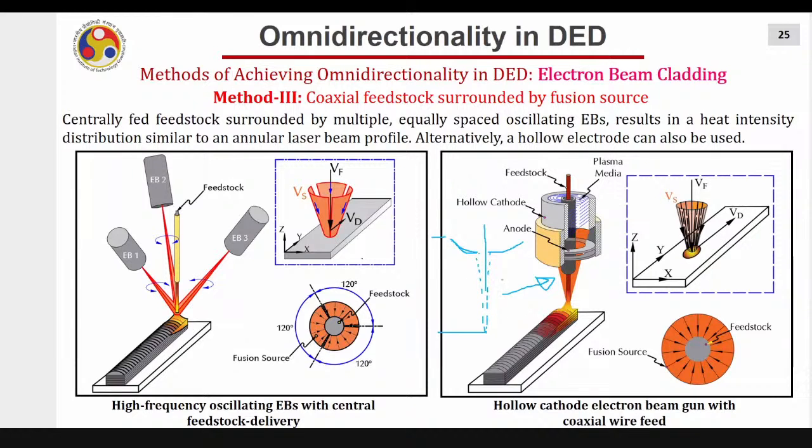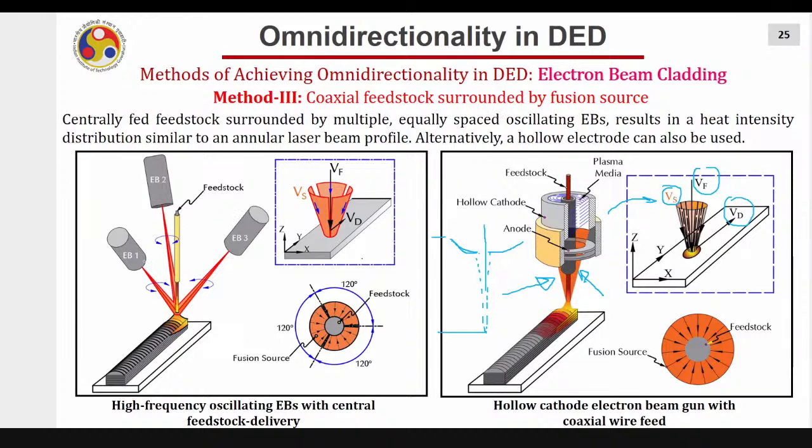As a result, you will have this conical shape. If I draw the vector diagram of the same, the conical shape of the energy source, Vs is conical, Vf is vertical, Vd is in any direction, hence the angle between Vf, Vs, and Vd is consistent throughout the process. They have already developed it and are using it. I think X beam is the company.